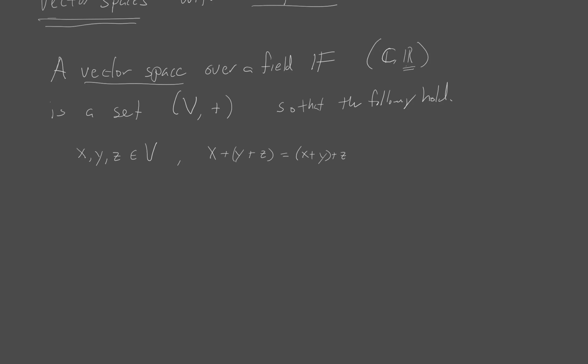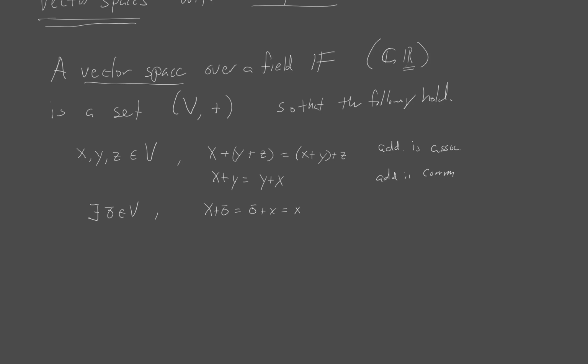So I've got addition is associative. I also want it to be commutative. I want there to be a zero element, a zero vector in V. And I want x plus 0 equal to 0 plus x, which is equal to x.